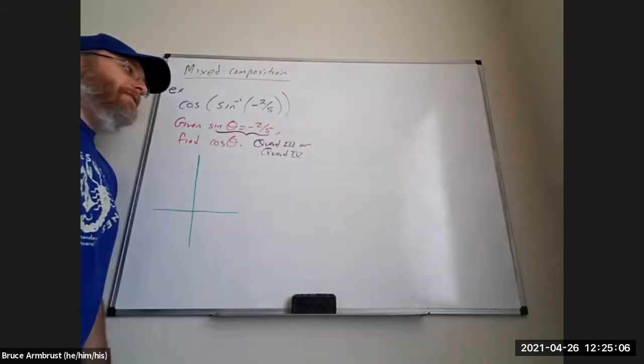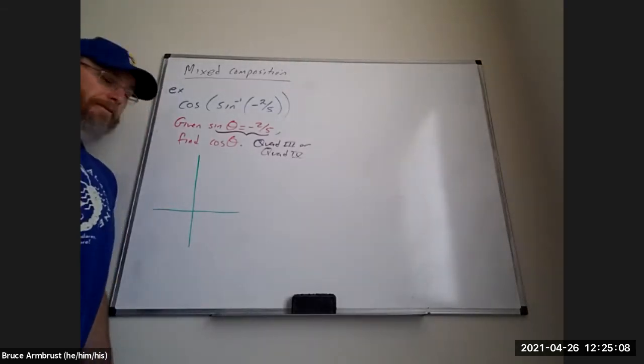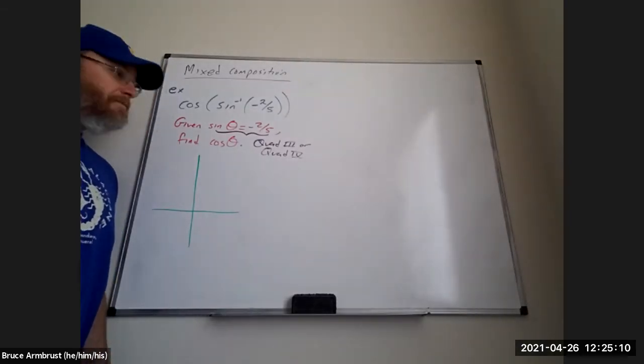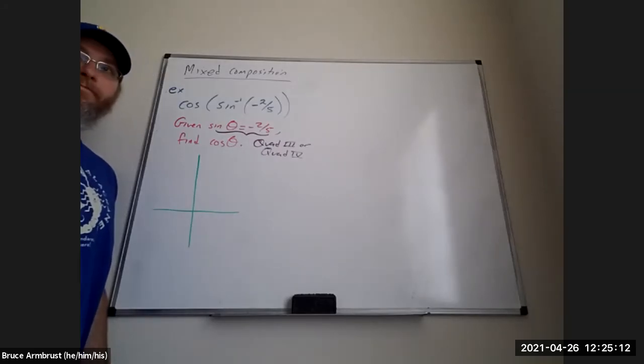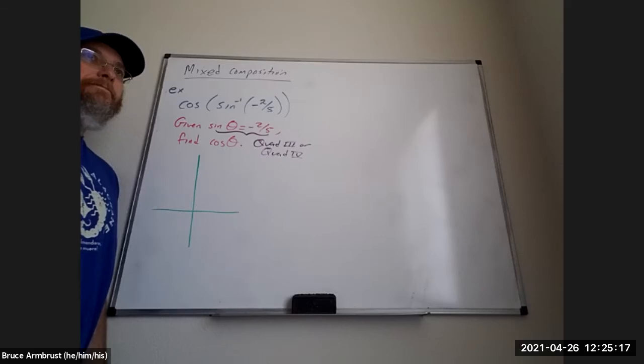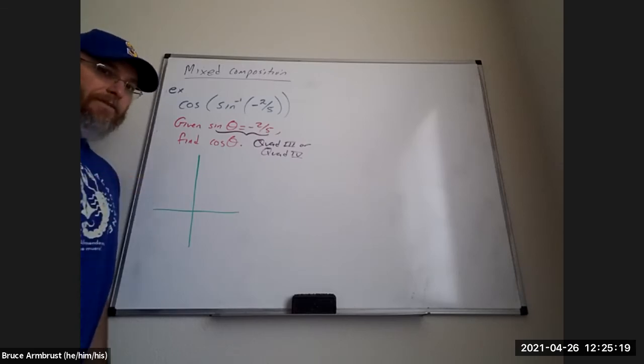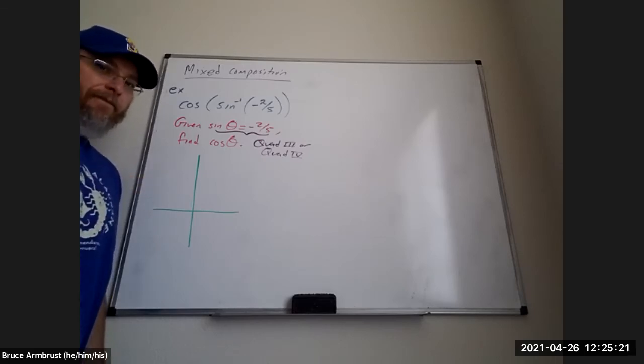So which quadrant is this angle going to be in? Quadrant 3 or quadrant 4? Think restrictions. What were the restrictions on sine to even make an inverse happen?